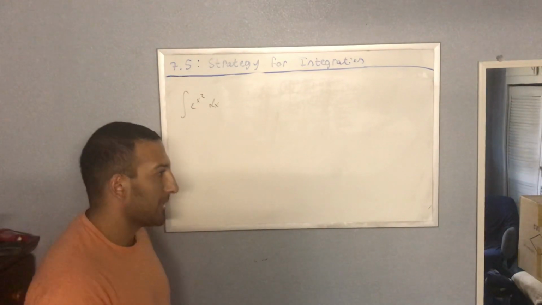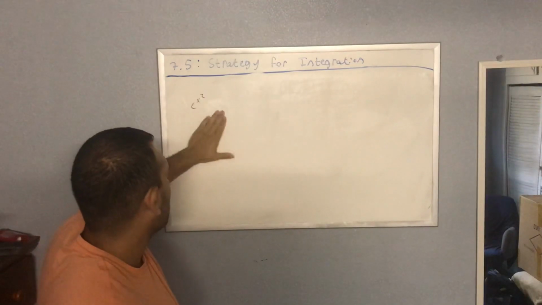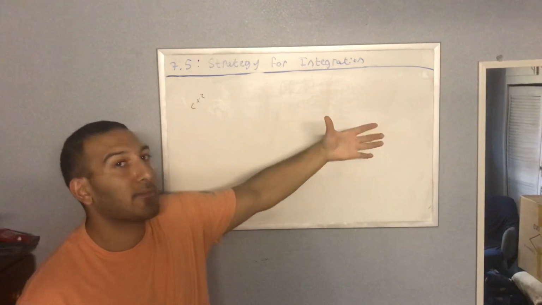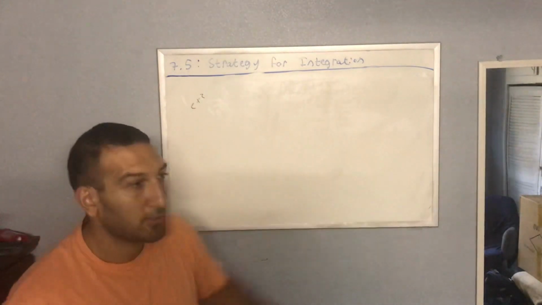So the idea is that you can write this function here as a sum of an infinite amount of other functions. You can write this whole thing as a very long polynomial.